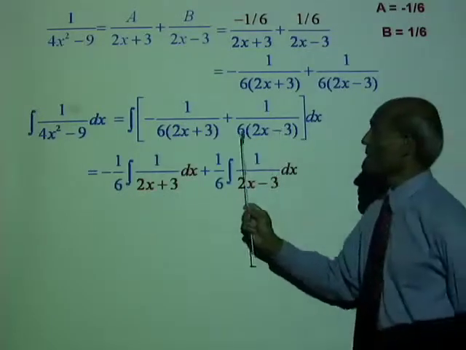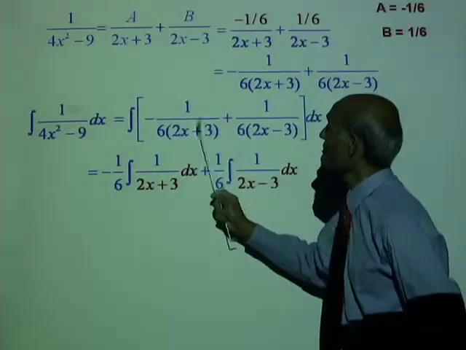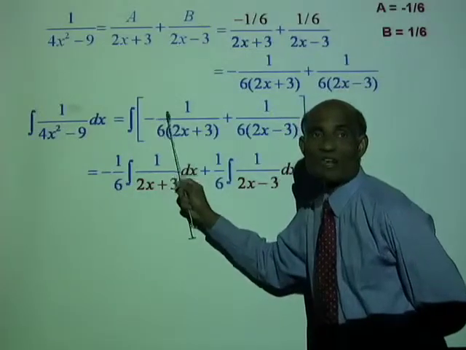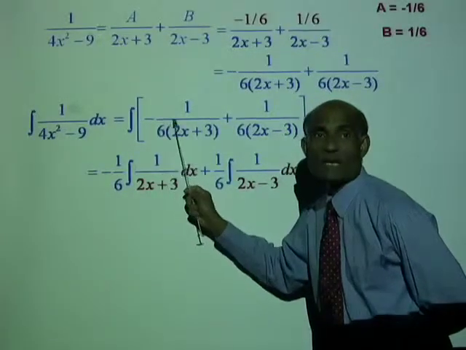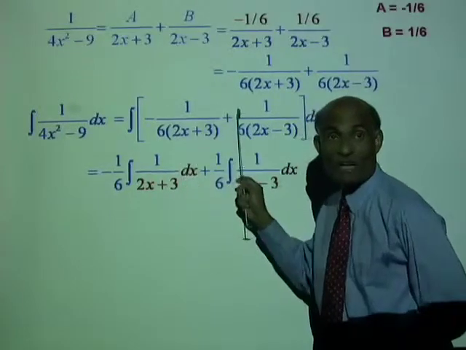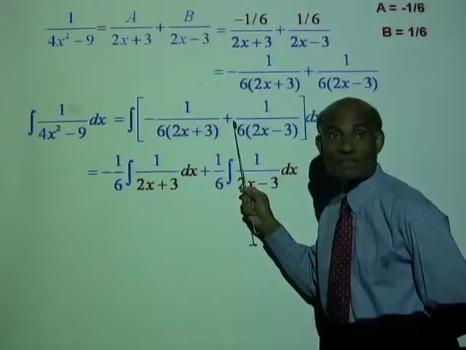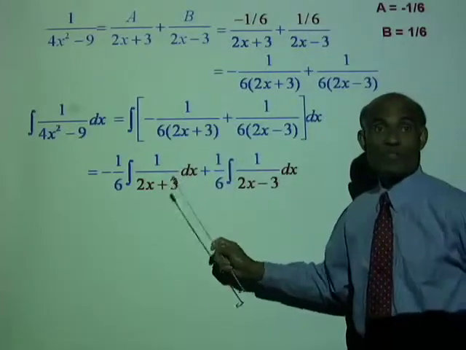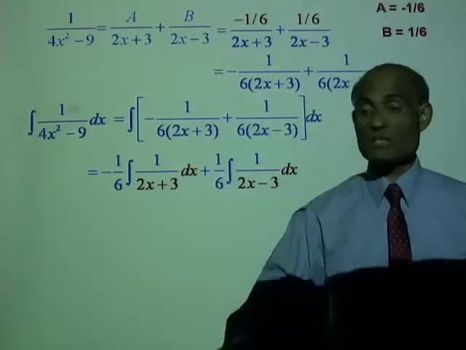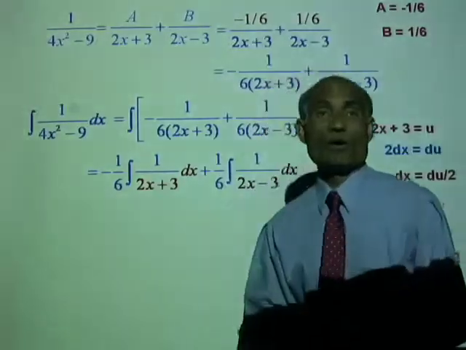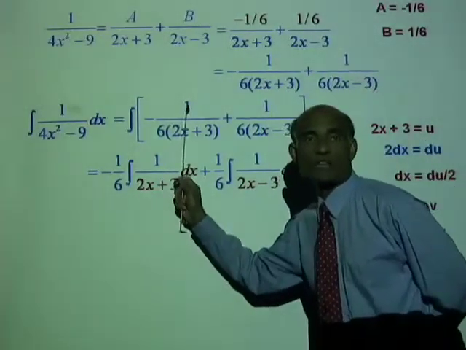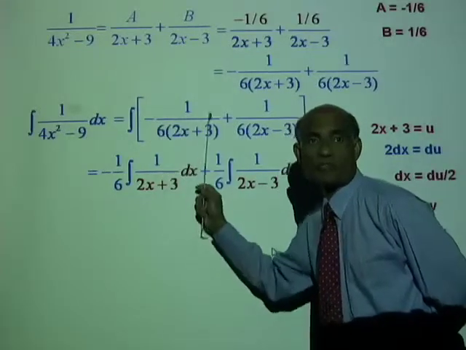Alright, now the first thing I can do is factor out a negative 1/6. If I factor out a negative 1/6 from here, this will remain positive and that will become negative. Is that right? Yes. So if I factor out a negative 1/6, alright, we are not factoring out the 1/6. We just take out the negative 1/6 from here.